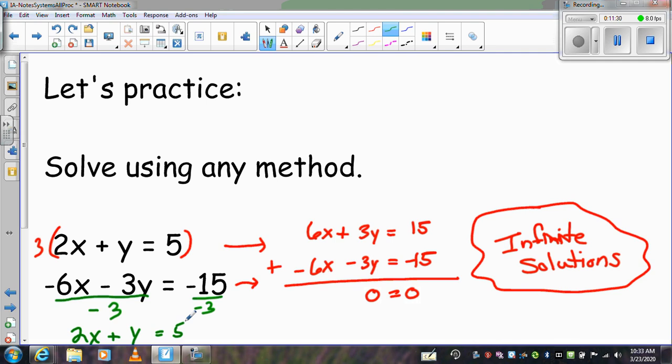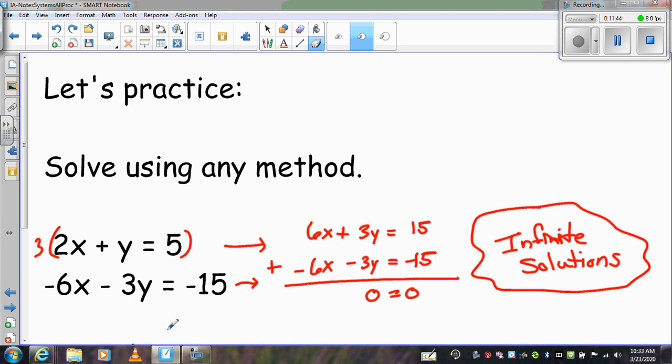It is the exact same equation as the top one. And if they're the same equation, they're going to graph the same line, and therefore it's going to be infinite solutions. So there's lots of ways to solve these. My method was the addition method, but keep your mind open. There's a lot of ways you could do this.